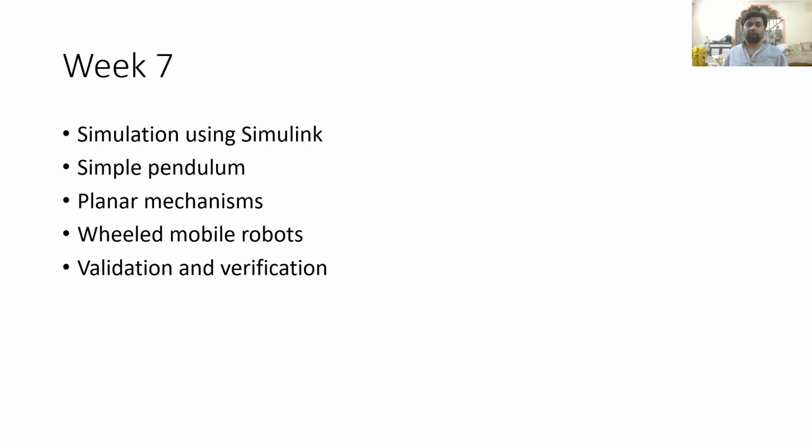In our previous problem solving session, we had discussed the examples of a simple pendulum and a simple spring mass damper system. So how we can use Simulink for modeling the simple pendulum. In the case of the simple pendulum, we also incorporated the viscous drag and Coulomb friction.